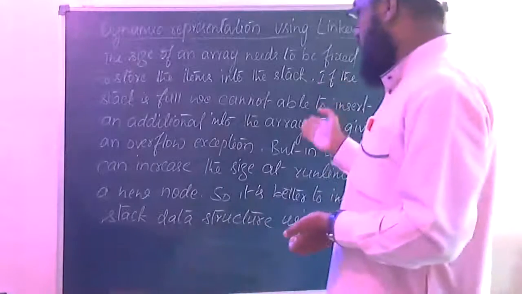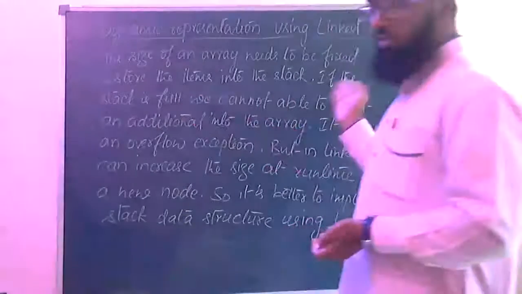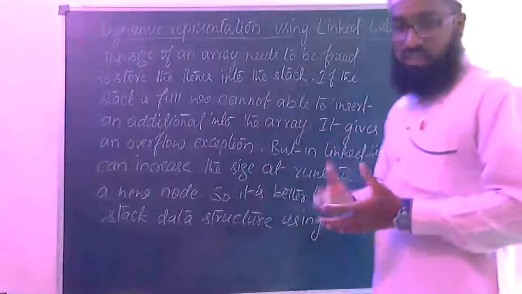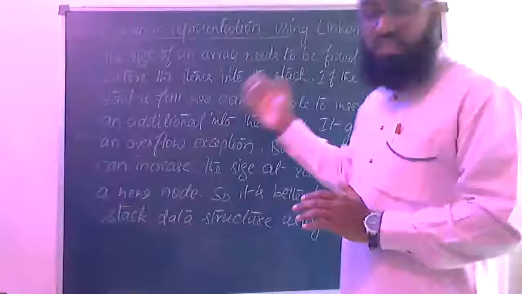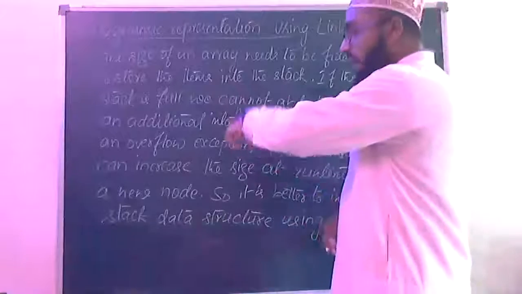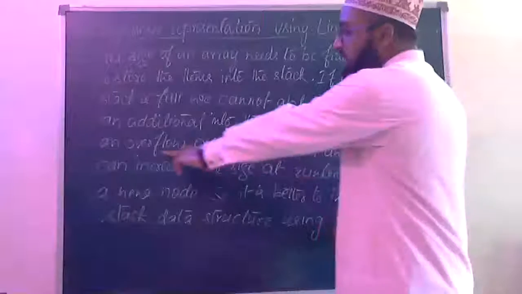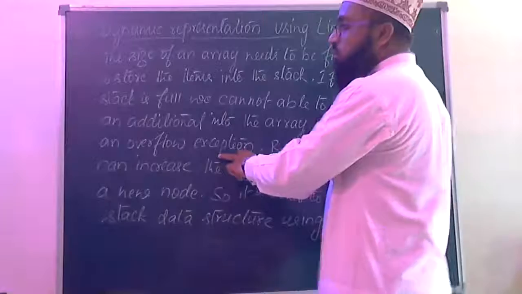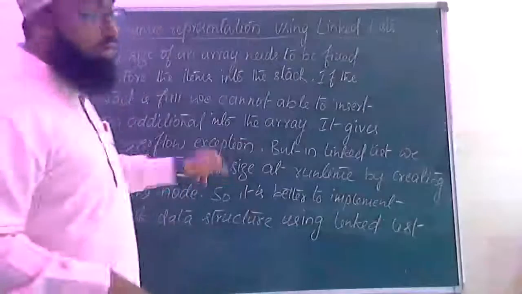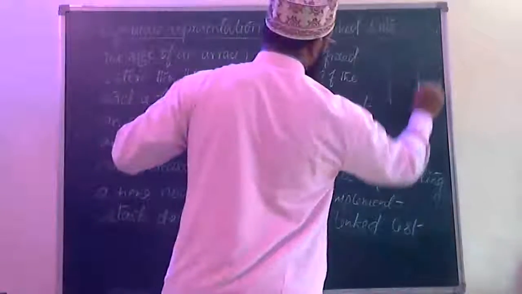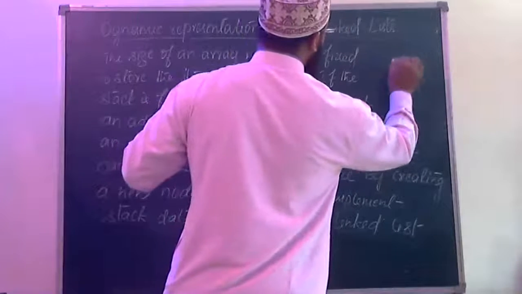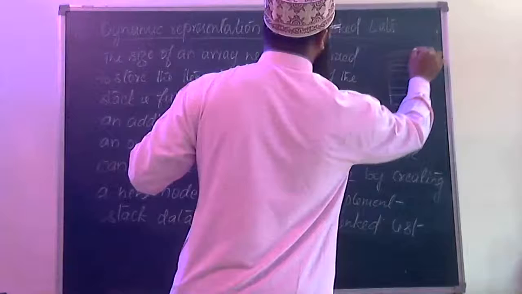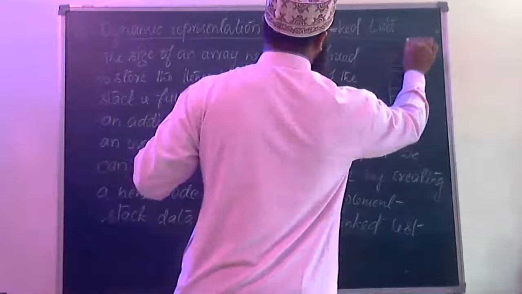If the stack is full, then we cannot add or insert a new item into the array. For this reason, if you want to add a new item, it will lead to an overflow exception. Overflow means if you go on inserting items into the stack and it crosses its limit, then this is called overflow.